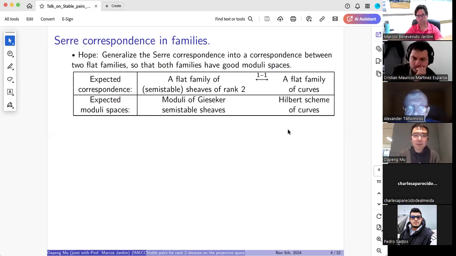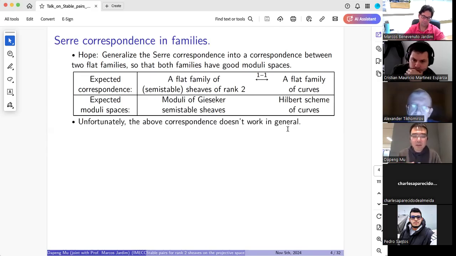I put semistable in parentheses, meaning the first idea of a flat family of sheaves that has a good moduli space would be to consider semistable sheaves. So the expected moduli spaces would be the moduli of Gieseker semistable sheaves on the sheaf side and the Hilbert scheme on the curve side.